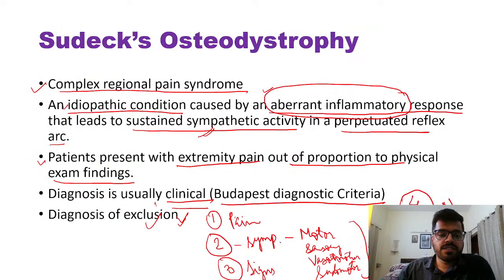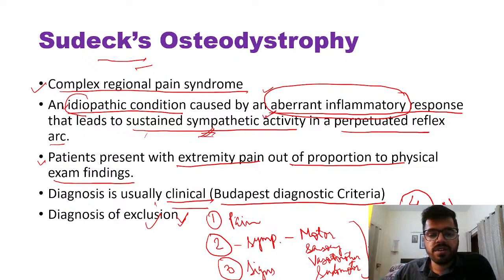So complex regional pain syndrome, it is also known as Sudeck's osteodystrophy. It is an idiopathic condition and occurs due to aberrant inflammatory response with sustained sympathetic activity. There is pain out of proportion, and diagnosis is usually clinical, and it is a diagnosis of exclusion.